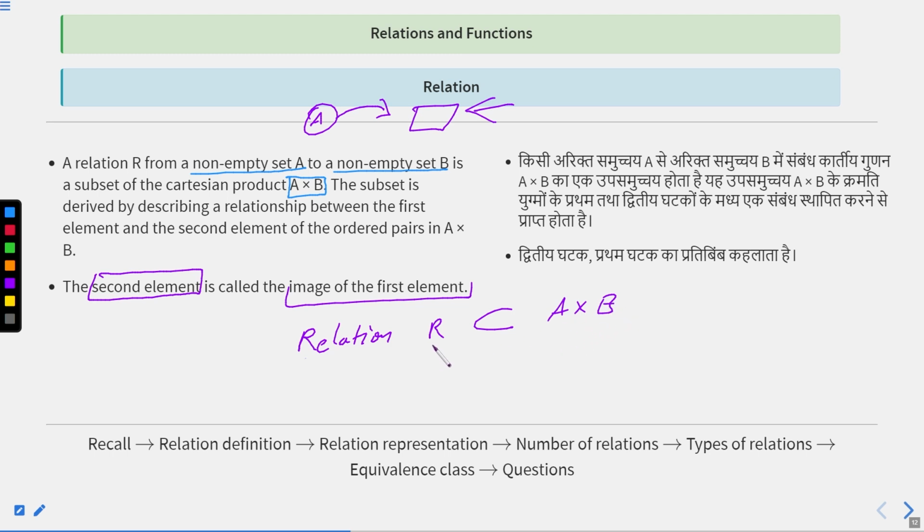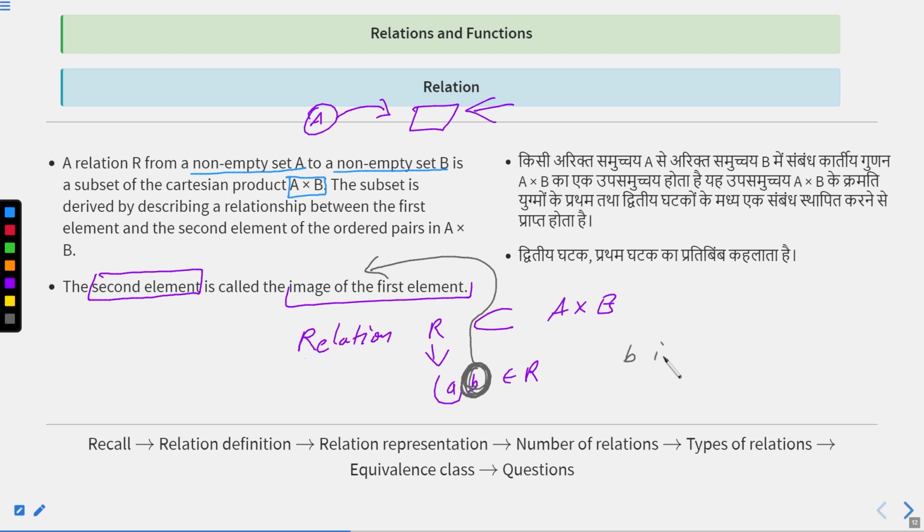Okay. And for this relation, if (A, B) belongs to R, then we say that B is the image of the first element.